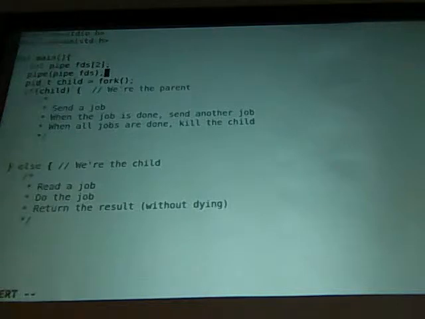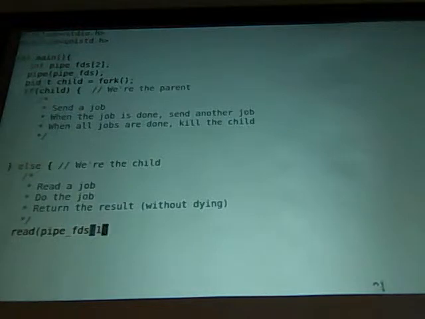And so at this point, it's possible to write into the pipe and get stuff back out of the pipe. So here for a child, we should be able to read some kind of job from there. So we want to read from the pipe file descriptor. Oh, we need the read end of it. I think it's going to be the second one.